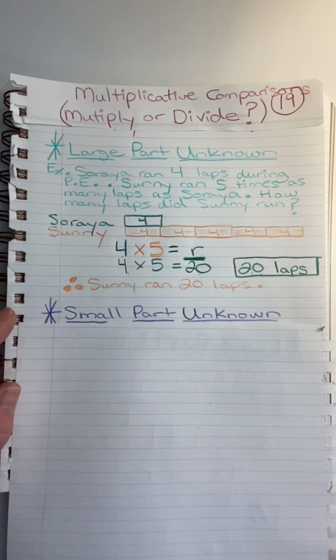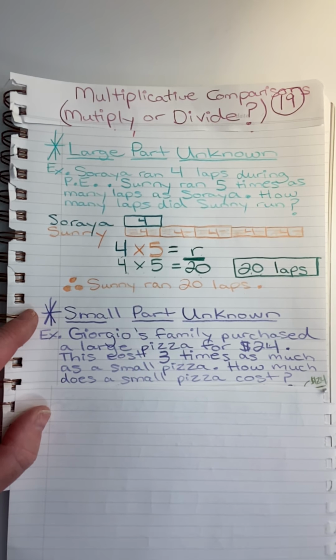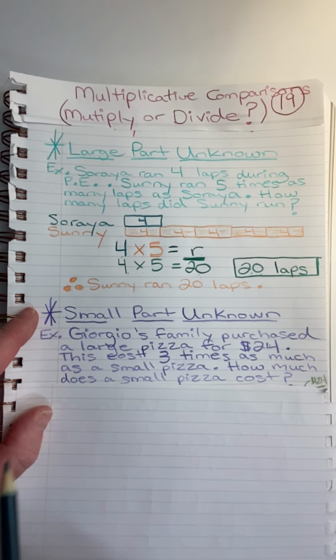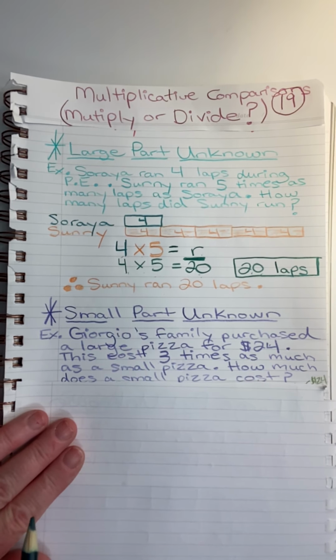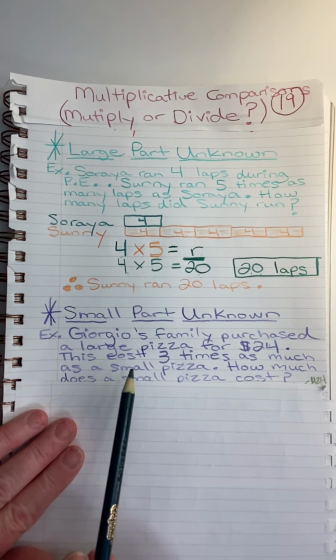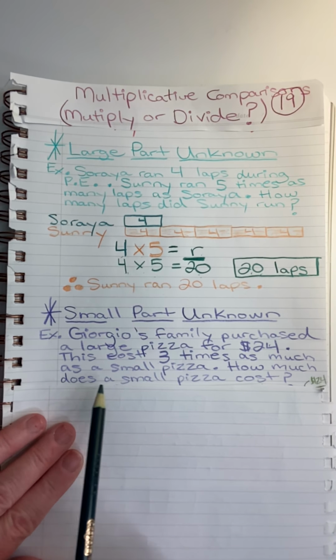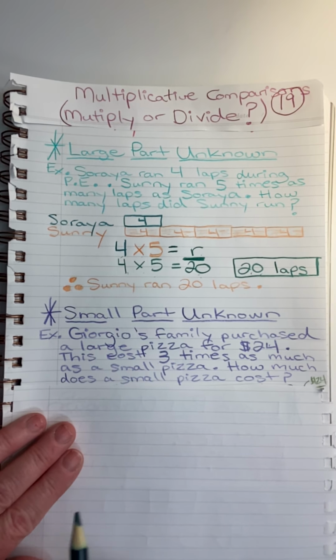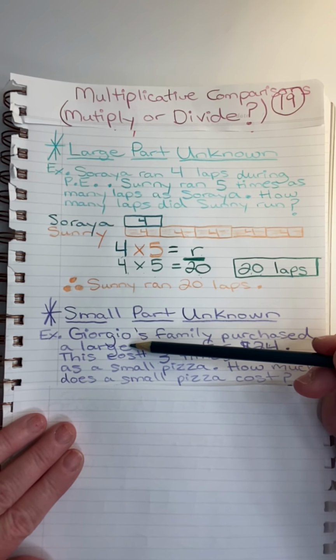So in this example, we're going to write our problem here. Giorgio's family purchased a large pizza for $24. This cost 3 times as much as a small pizza. How much does a small pizza cost? So we know that the small pizza is going to cost less than a large pizza.